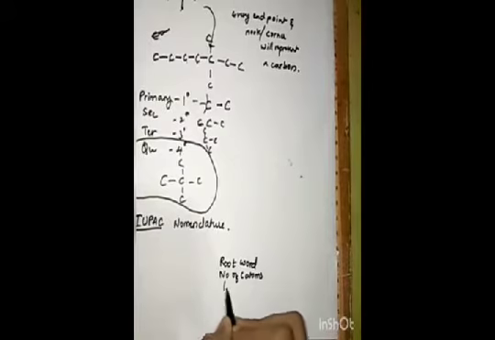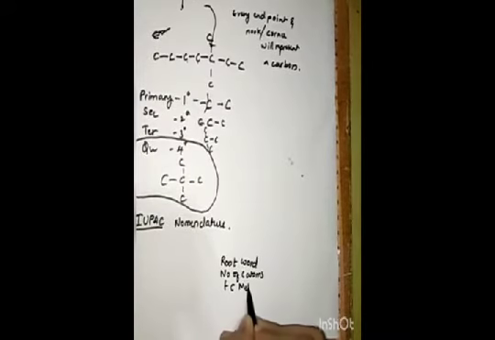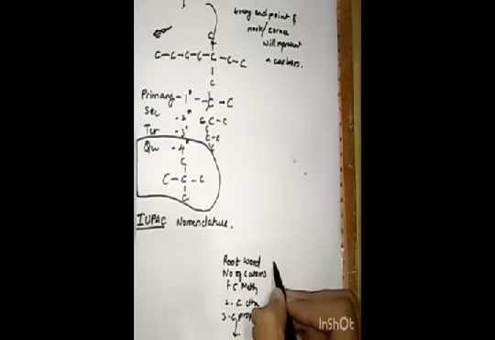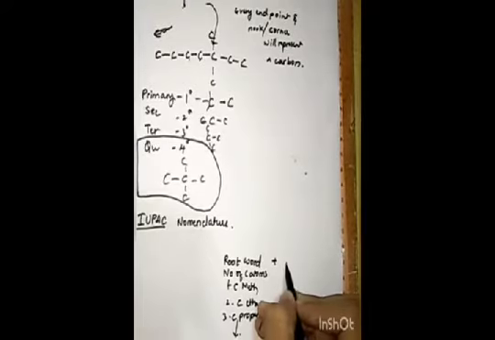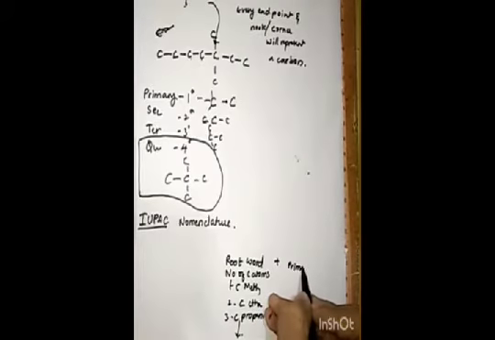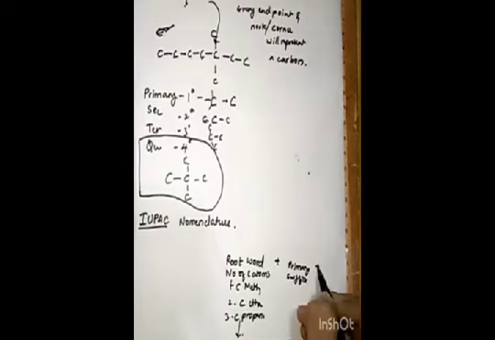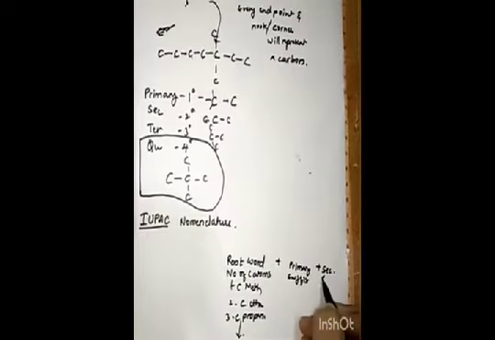If one carbon is present, it's methane, if two carbons, ethane, three carbons, propane, and so on. After this root word, you'll have a primary suffix and a secondary suffix.